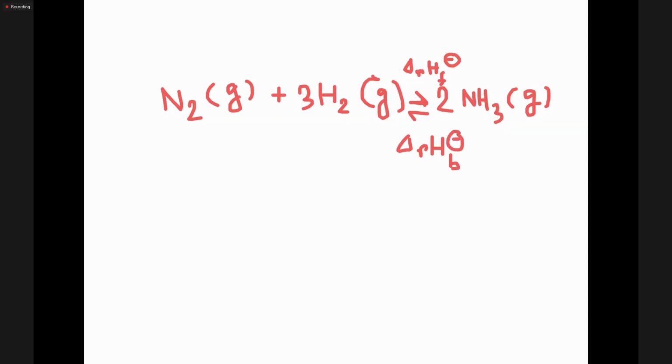So the forward reaction is N2 gas plus 3 moles of hydrogen producing 2 moles of ammonia. And the backward reaction is 2 moles of ammonia giving rise to 1 mole of N2 and 3 moles of H2. So if we have the value ΔrH° forward as minus 91.8 kilojoule per mole.